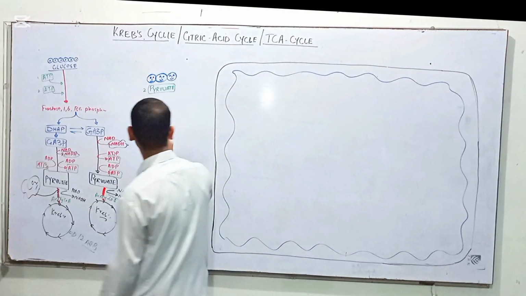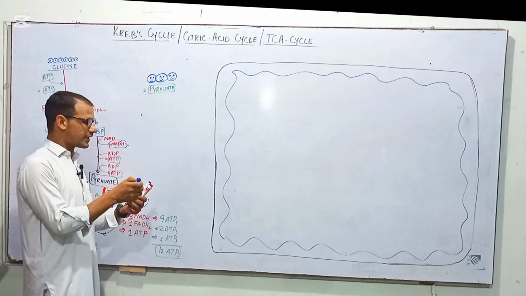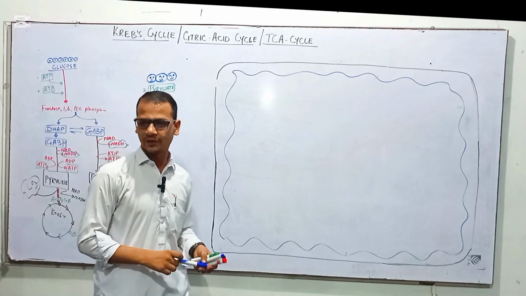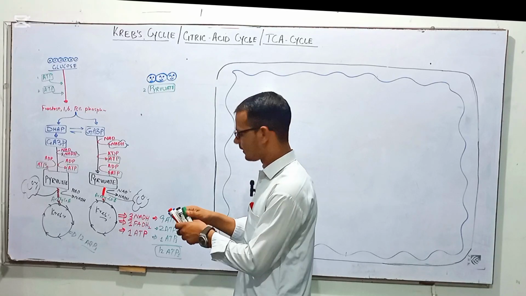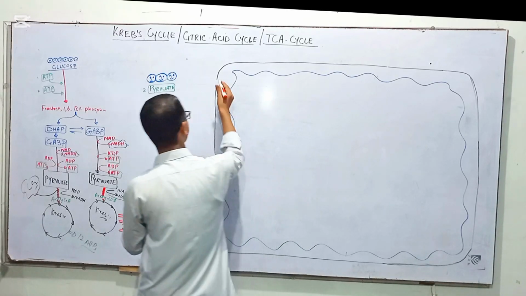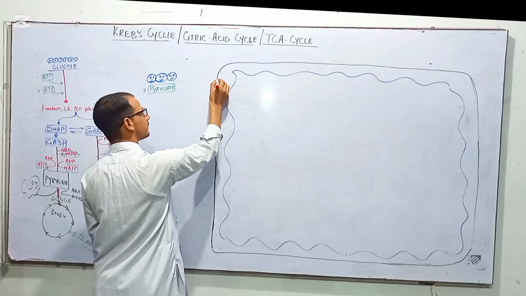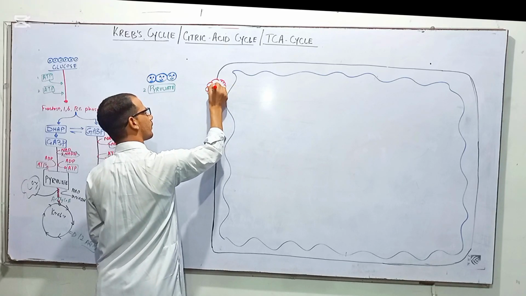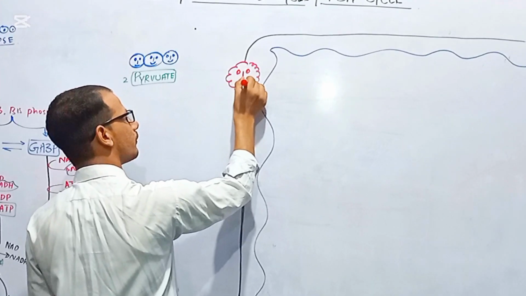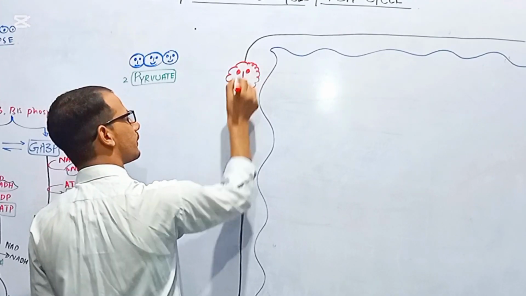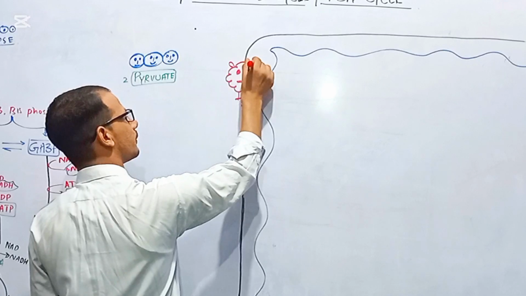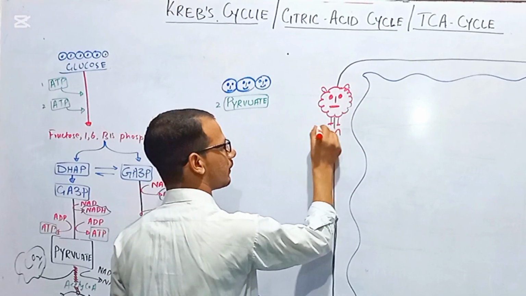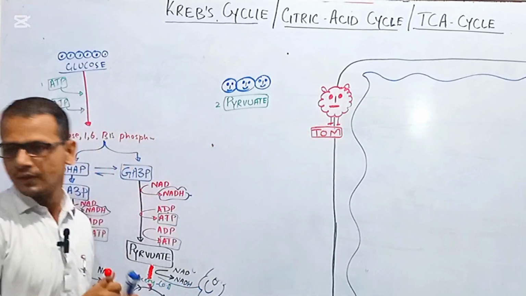So this is pyruvate. This pyruvate can easily pass through the outer membrane through which protein? The Tom protein, right? Here are the proteins. For example, this is the protein, and this is called Tom.